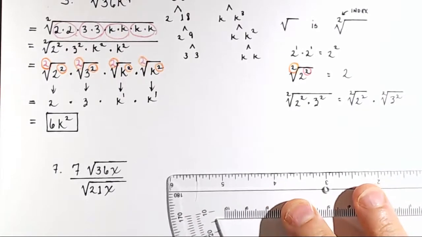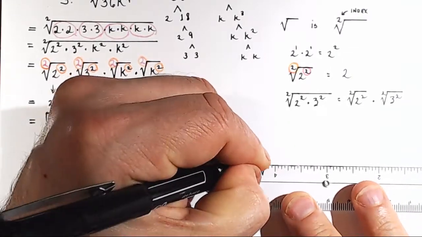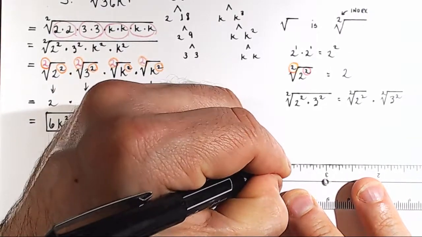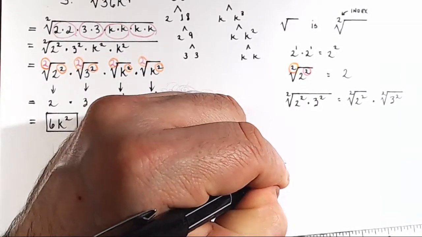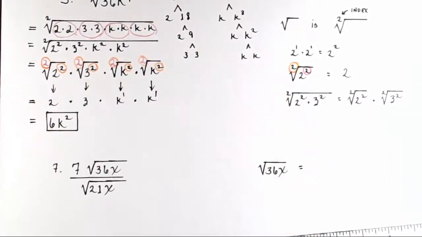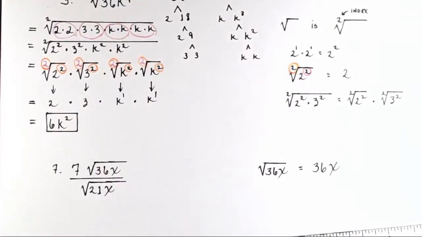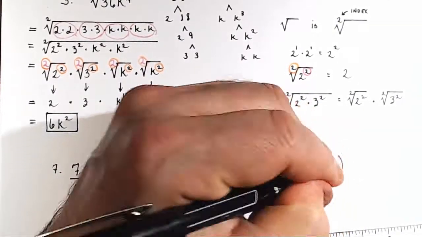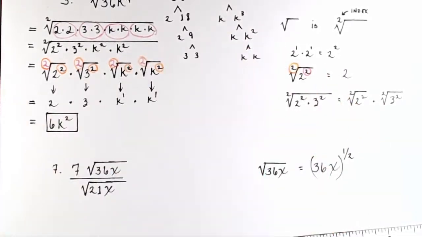You need to know a couple of rules. Here's one rule. The square root of 36x can be rewritten as 36x, all of it, raised to the 1/2 power. Okay?